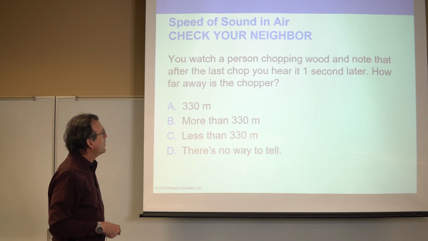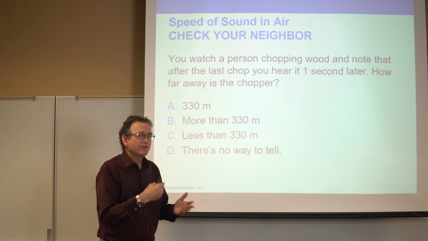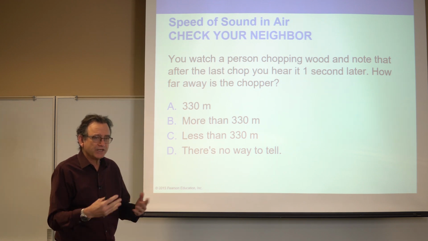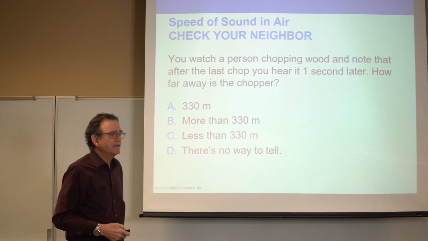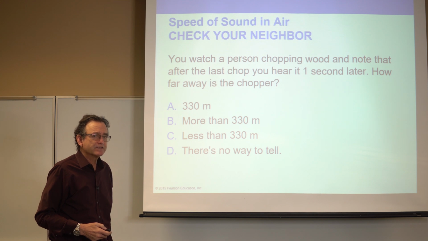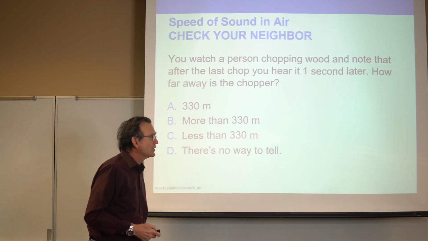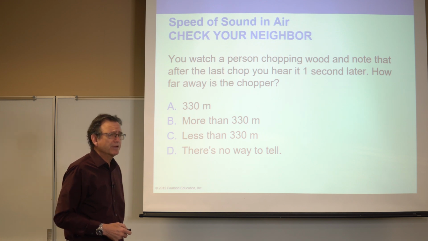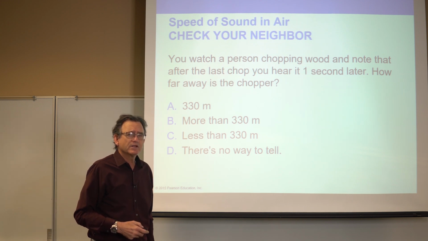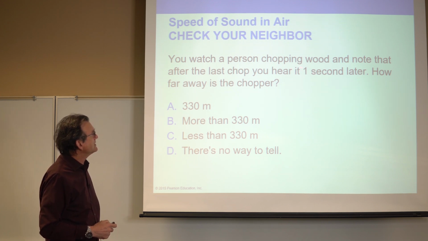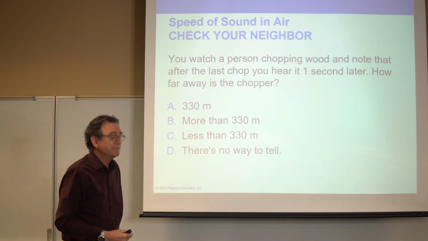Well, what we can indicate is that the velocity of light is far greater than the velocity of sound, which it is. Light travels at a speed of 186,000 miles per second, that's about 300,000 kilometers per second. And so we basically see the chopper instantaneously.